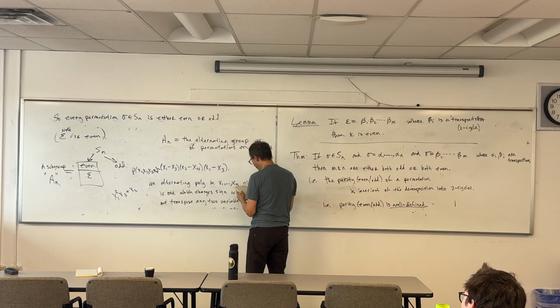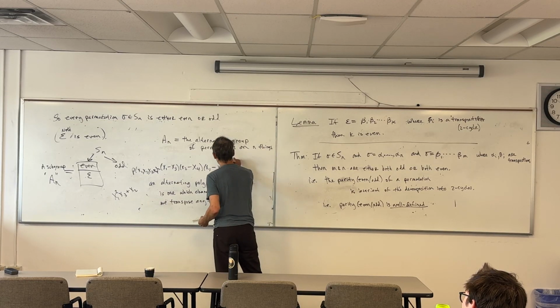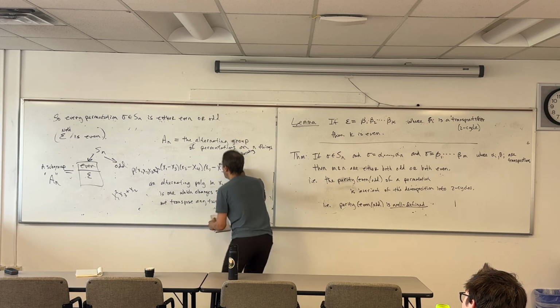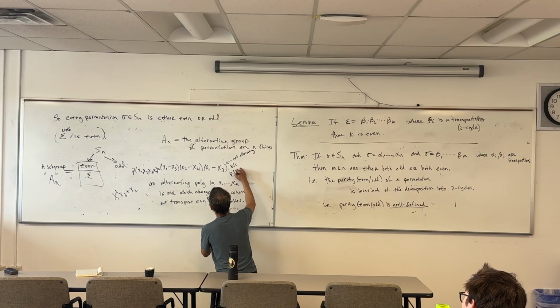So I think I might have an example written out here. Yeah, like this one. So this is not alternating, and let me show you why. Because P of x1, x2, x3, x4 is not equal to minus P of x1, x4, x3, x2.